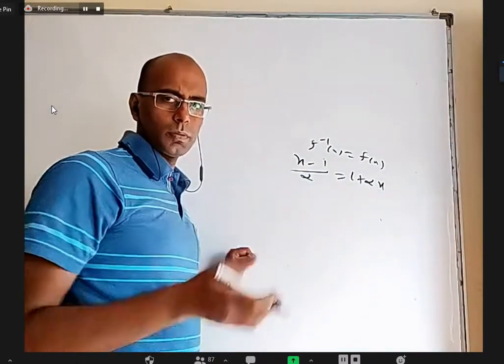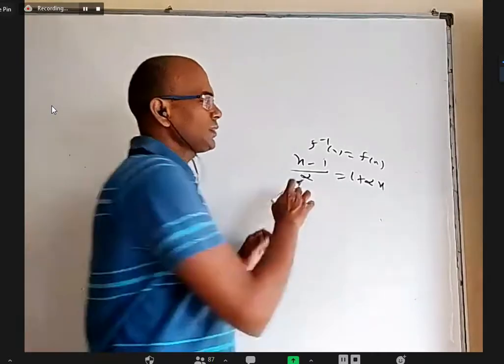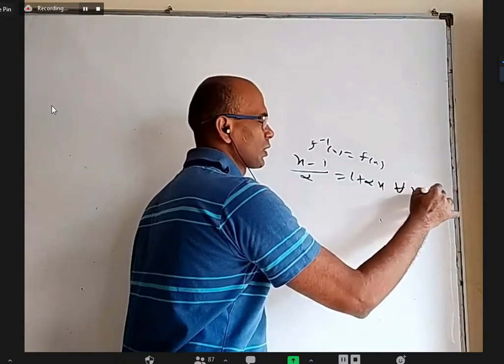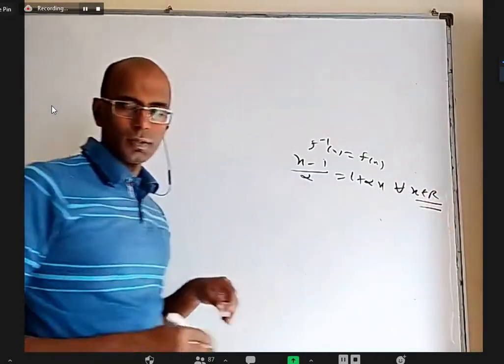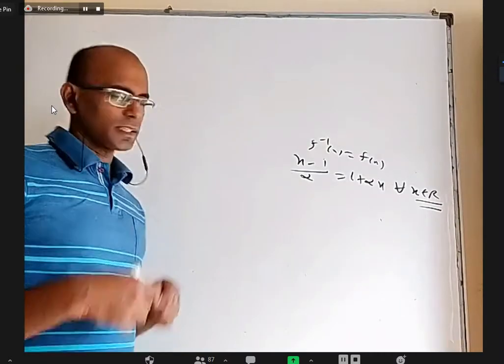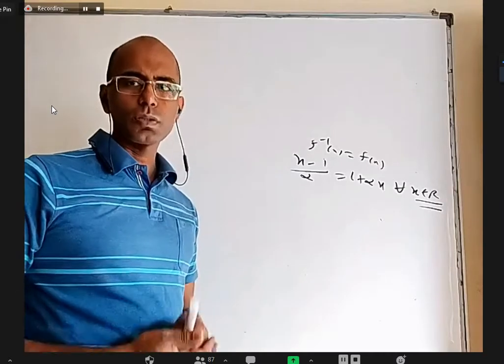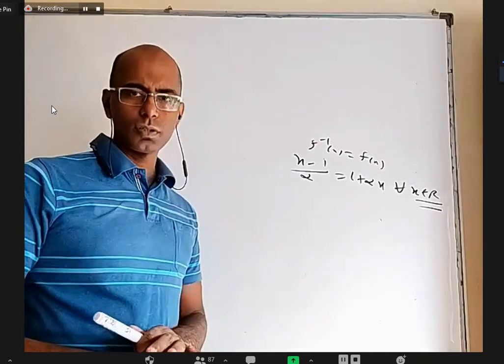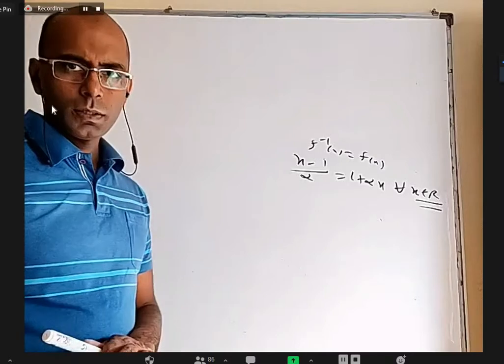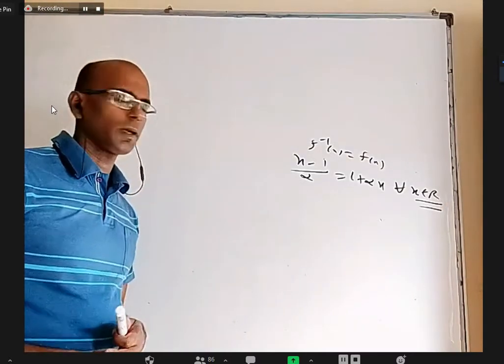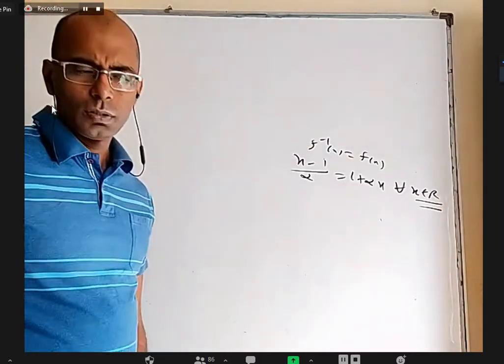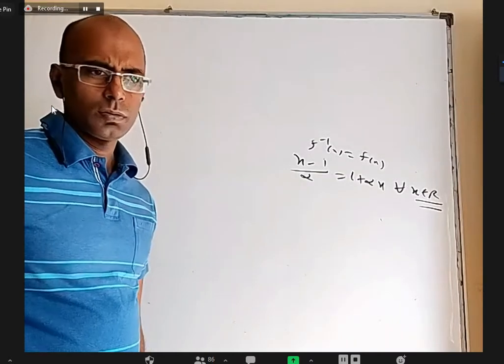But the point is, this should be true for all x belongs to R. That's the important point. When you take x equal to 0 also they should be equal. When you take x equal to 1 also they should be equal. When you take x equal to 2 also they should be equal. When you take x equal to 3 also they should be equal. Right? Yes, sir. Okay. I got the quadratic equation and I got -1 as the answer, sir.